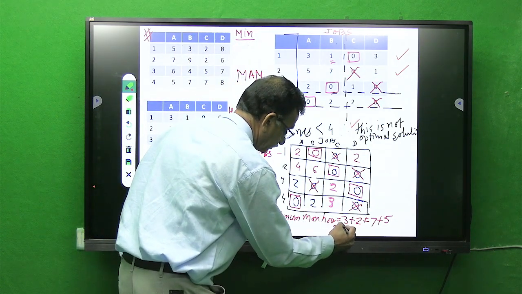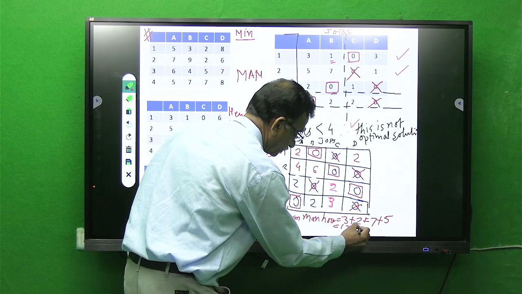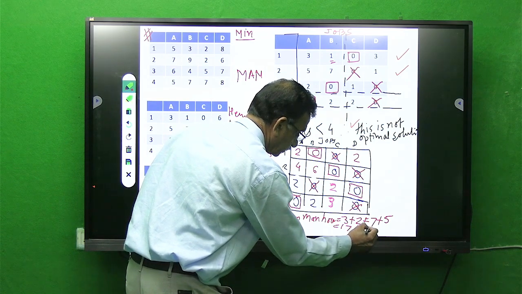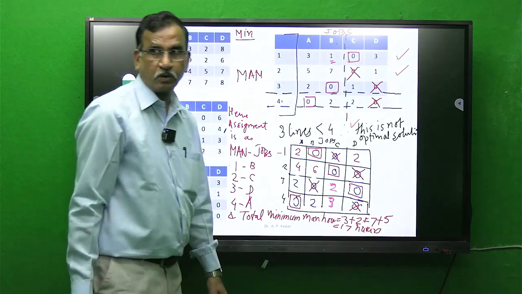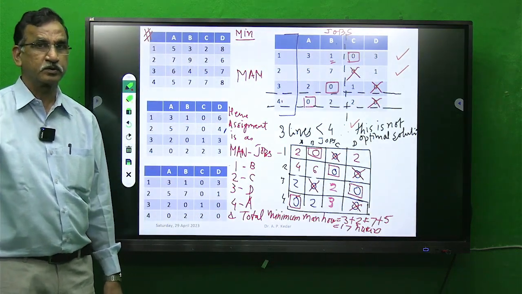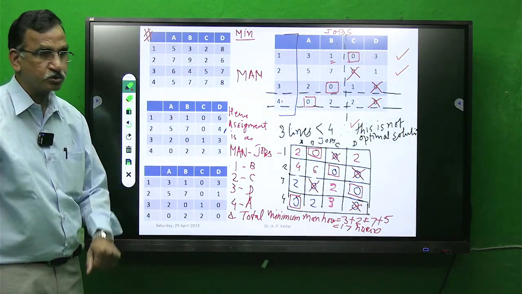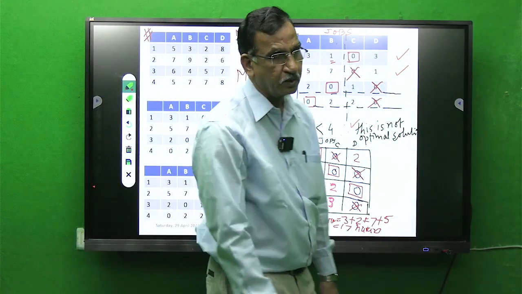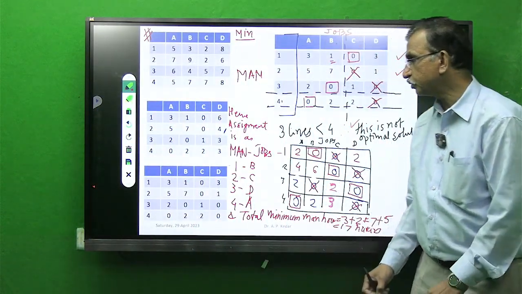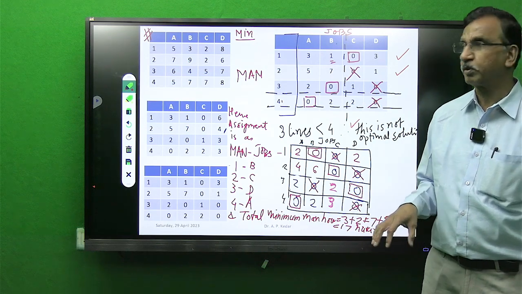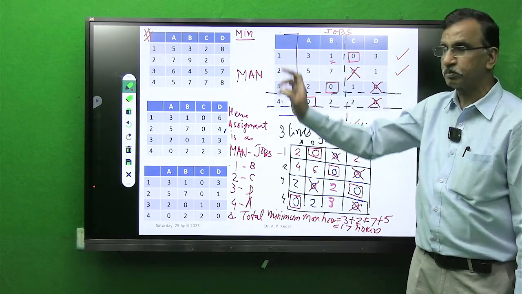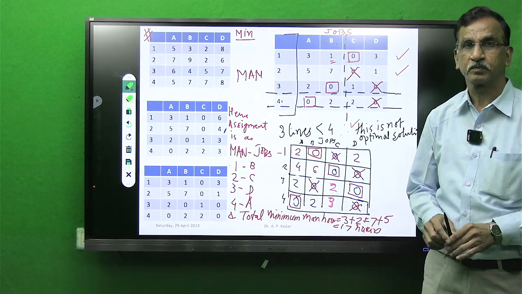So the answer is 17 hours. So this is the exhaustive treatment for solving any assignment problem. Here it was with objective function minimization.